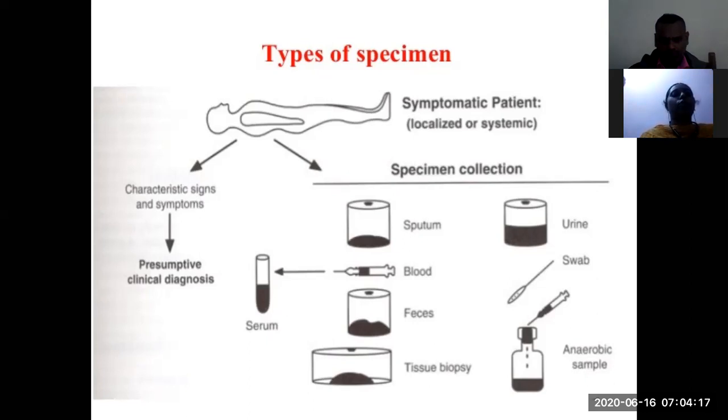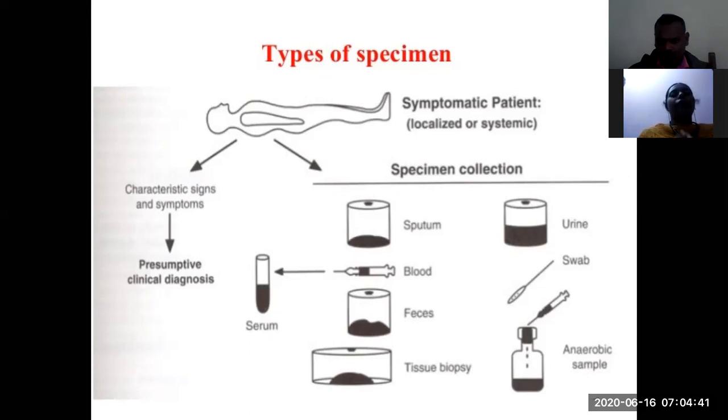Number 1, sputum. Number 2, blood. Then feces. Suppose it is a foodborne disease, they will collect the feces. Then tissue biopsy. If there are rashes in the skin, then they will go for tissue biopsy. If there is a urinary tract infection, then they will diagnose using urine.